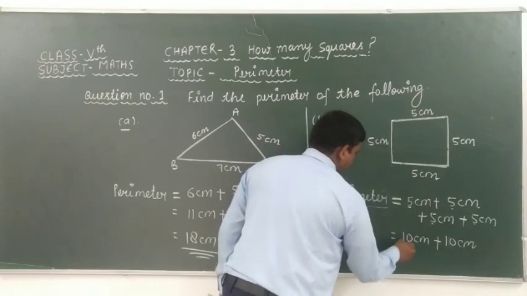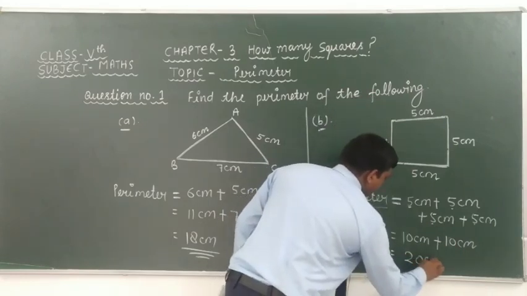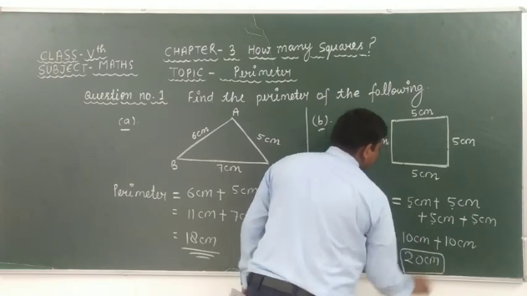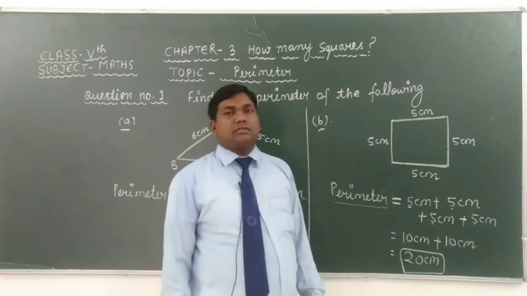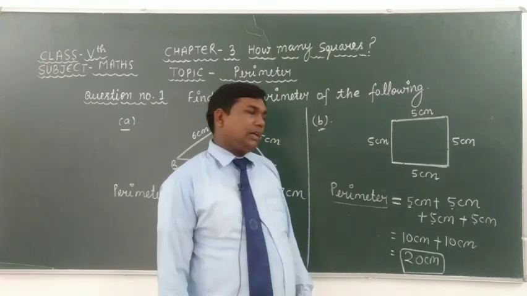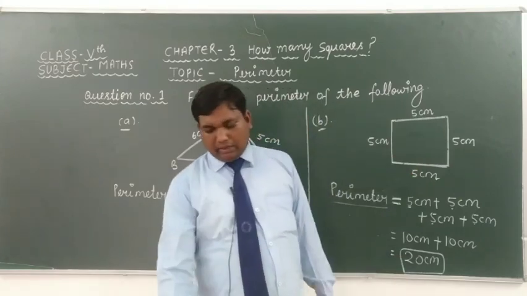Again 10 centimeter plus 10 centimeter is equal to 20 centimeter. It means that the perimeter of this square is 20 centimeter.